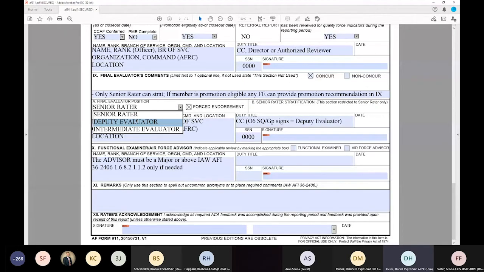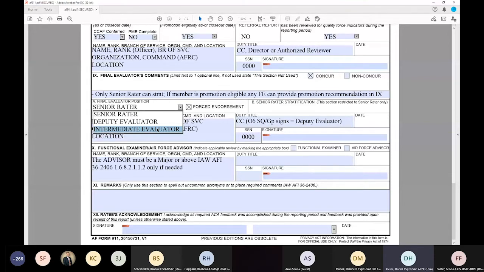The first would be the intermediate evaluator, who is usually the squadron commander. There are slightly different rules when it comes to guard and reserve. For the reserve, the member must be at least a major or above to sign in the final evaluator section. For the guard members, the intermediate evaluator must be the full-time unit commander.